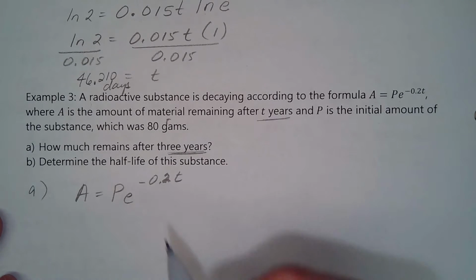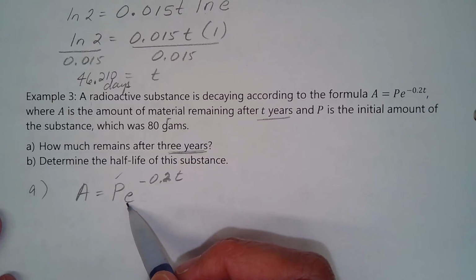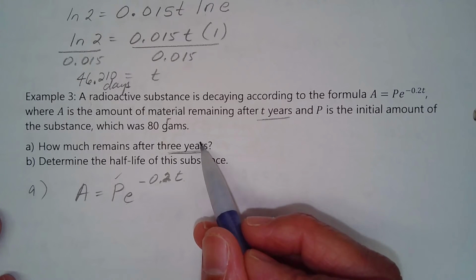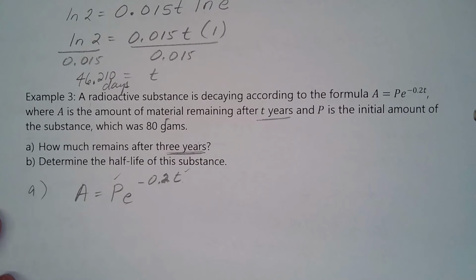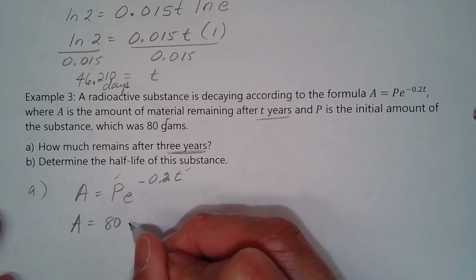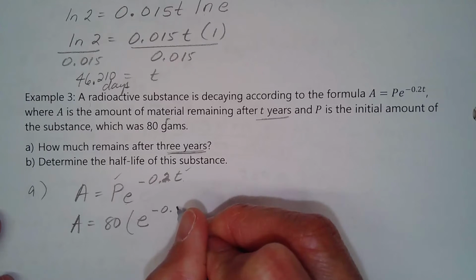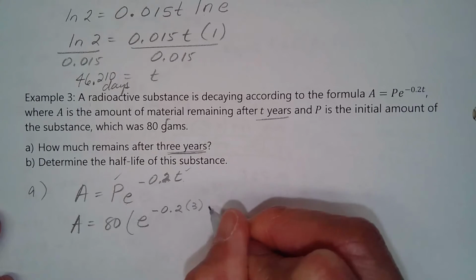So the P is given, the E we know, the R is given, and the time is 3 years, so that's given. So really we're solving for A, right? A equals 80 grams times e to the negative 0.2 times 3.